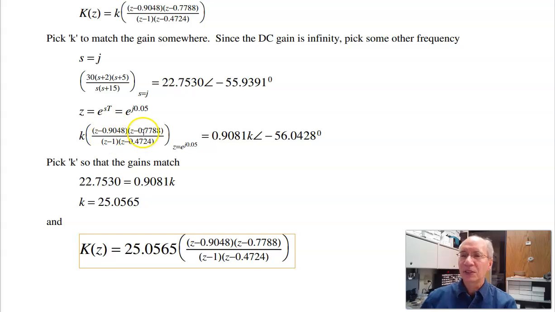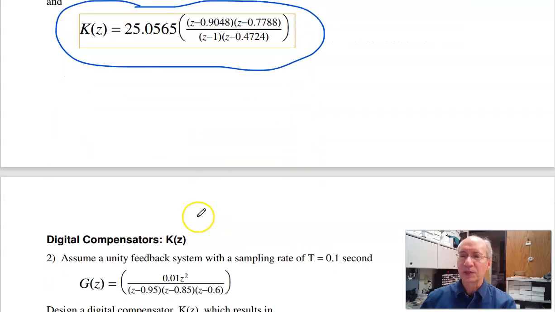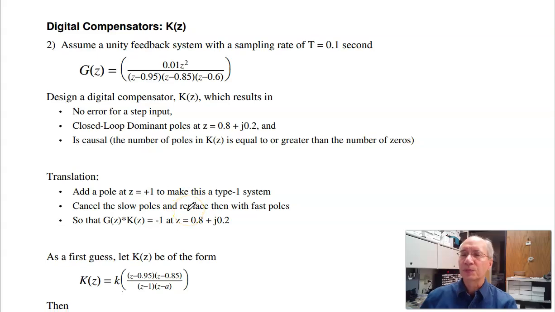Pick K so that K of Z at the same frequency is also 22.75. Solving, I get 25.05. So here is K of Z. That's problem 1.